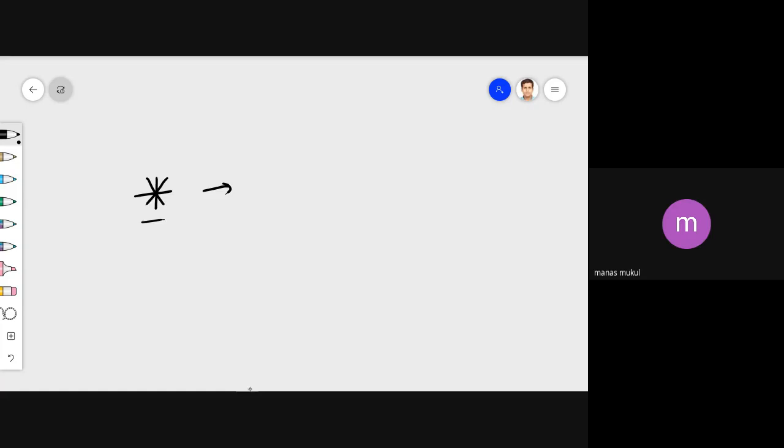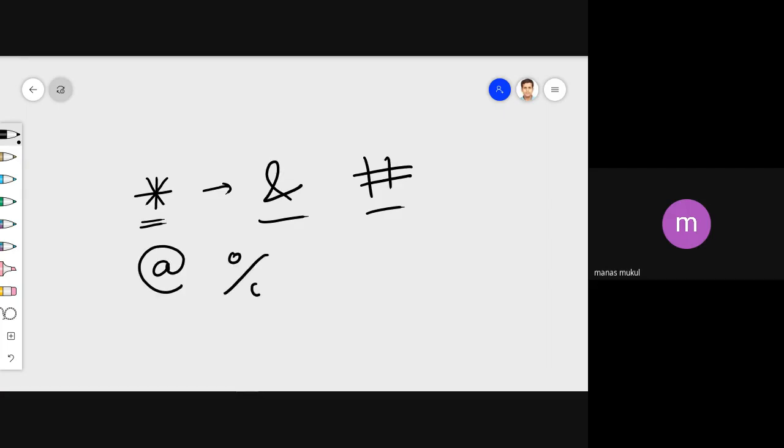So this is a special symbol. You also have a symbol called ampersand, which is also a special symbol. We also use this hash. This is also a special symbol. So these are all special characters. This is also very common, right? We use percentage, that's also a special character. Greater than, less than, operators, minus, plus, all these are examples.